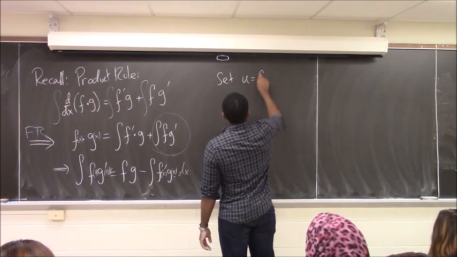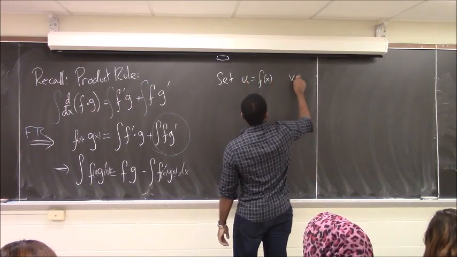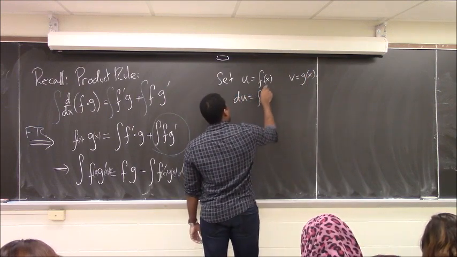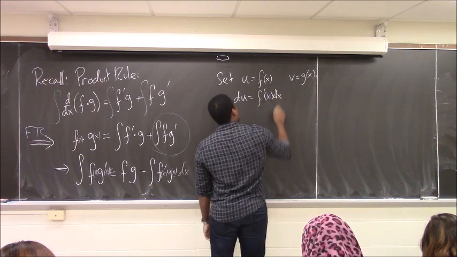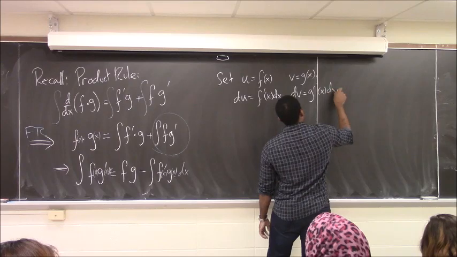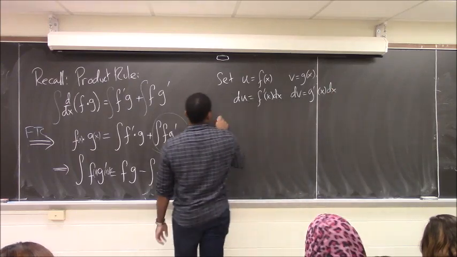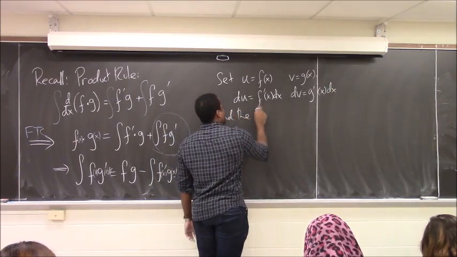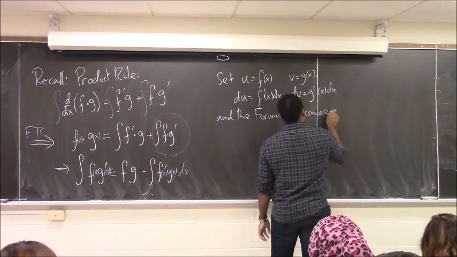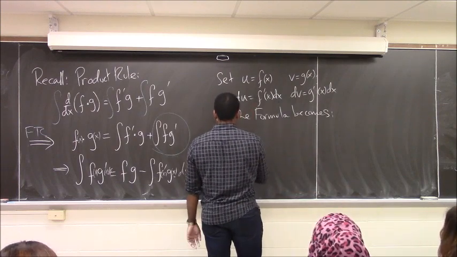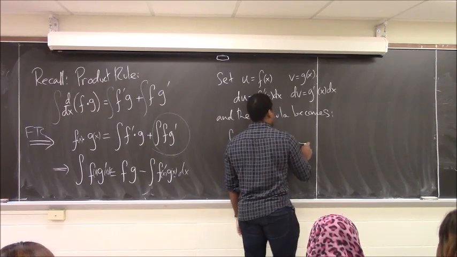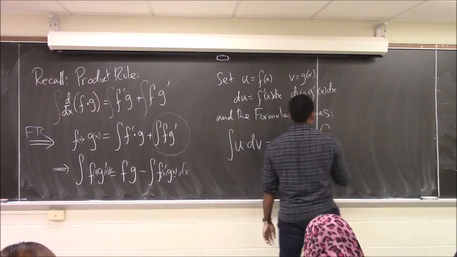I can set u equals f of x and v equals g of x, so that using differentials, that would be my du, that would be my dv. And the formula becomes the following. The integral of u dv is equal to u times v minus the integral of v du.